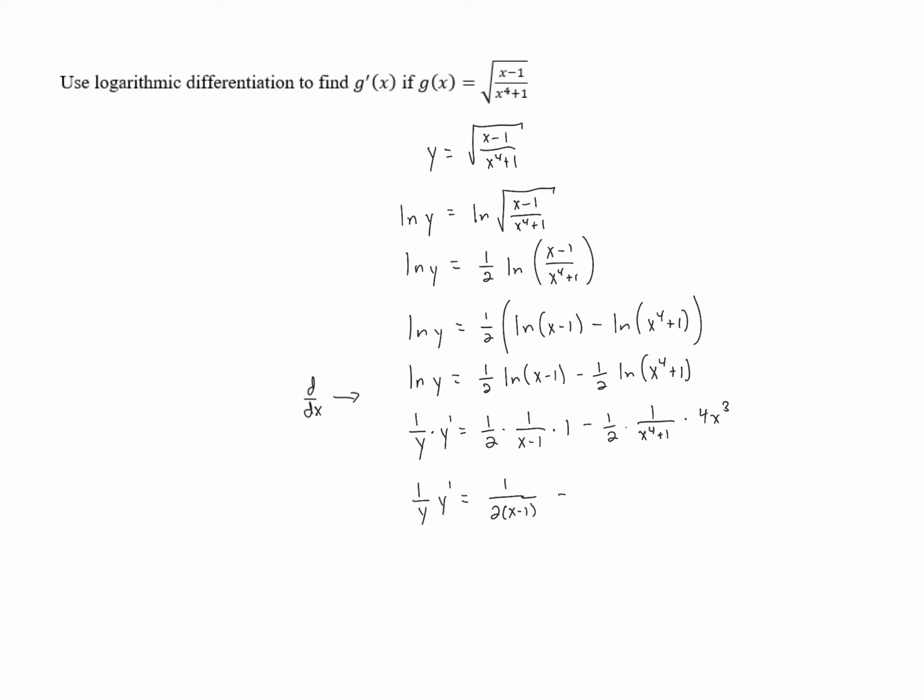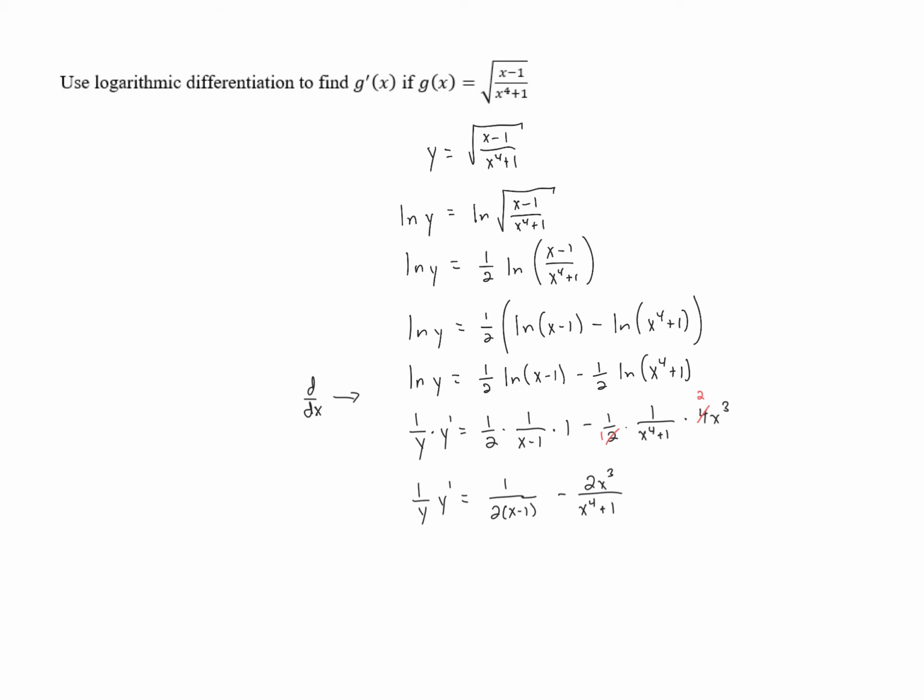And then we've got minus. If we look at the 2 and the 4, we can reduce these by a factor of 2, giving us 2x cubed in the numerator and x to the fourth plus 1 in the denominator.